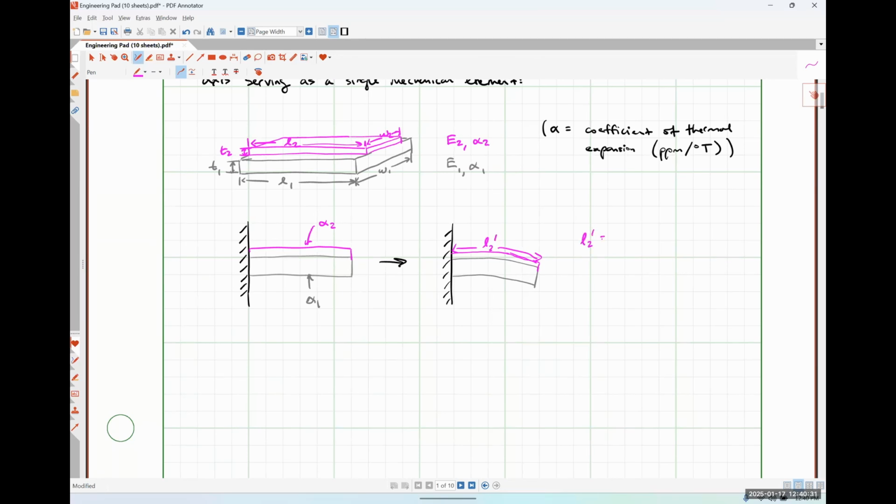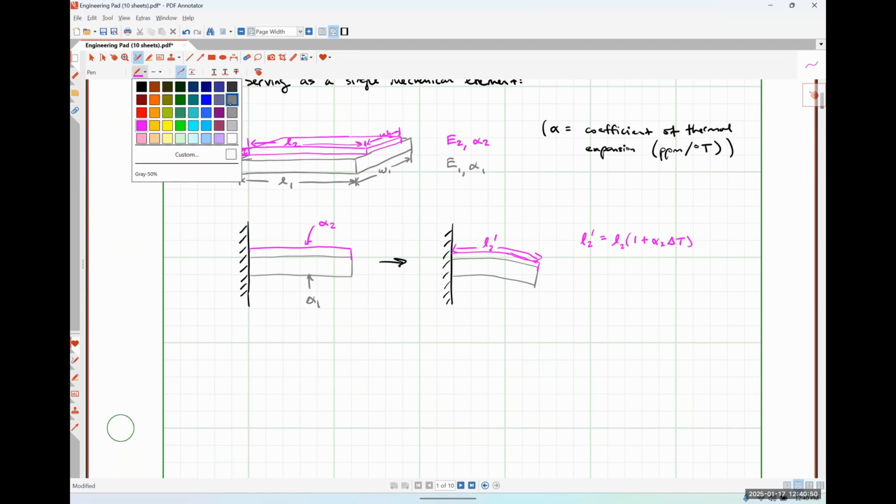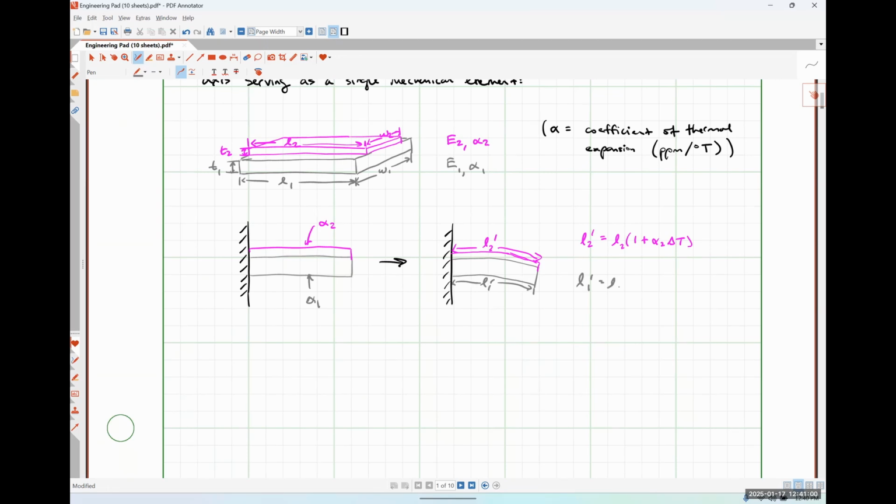And we could say that L2 prime, which is the length after heating, would be our nominal length, L2, times a factor of 1 plus alpha 2 times our change in temperature. And very similarly, we would have a length L1 prime here, where L1 prime would be L1 times 1 plus alpha 1 times our change in temperature.